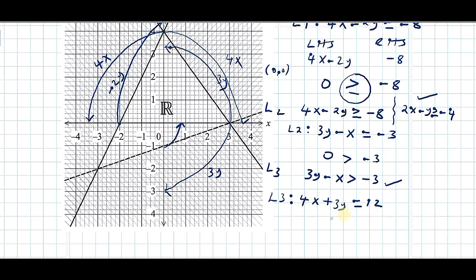While on the left-hand side, if we substitute 0, 0, x is 0, y is 0, so the left-hand side becomes 0 and the right-hand side is 12. The inequality symbol here is less than, 0 is less than 12.